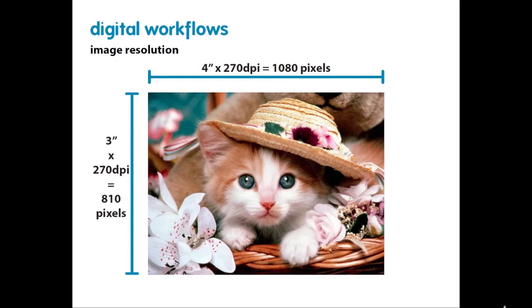So for the 4-inch edge, if I multiply that by 270 DPI, it would have to be at least 1080 pixels. And by contrast, on the 3-inch side, if I multiply that by 270, it'd have to be 810 pixels.